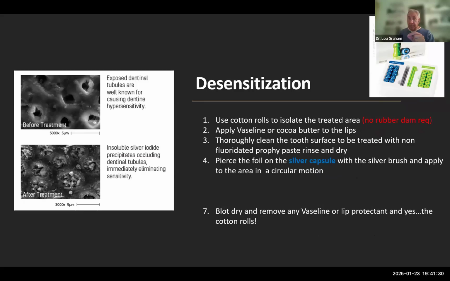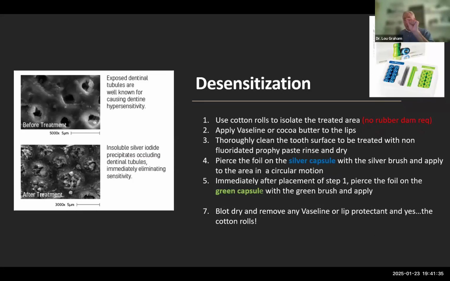I puncture it, apply the Riva Aqua, then I puncture the green capsule and immediately start brushing the same way until the solution is clear. So you're not waiting 1, 2, or 3 minutes. You rub the SDF, step 1, and then immediately go to step 2, which is the potassium iodide. And you don't have to worry about tissue and burns. That's why I think this was a huge improvement from early SDF formulas.